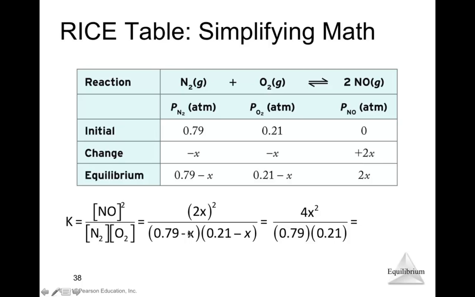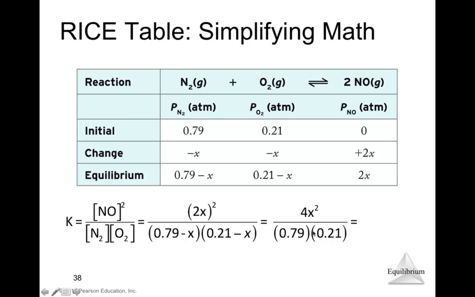So let's first use this assumption that x is really small. It's not going to affect these two values that much. If this is close to 0, the bottom part will be simplified like this.